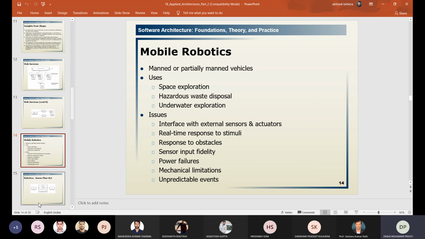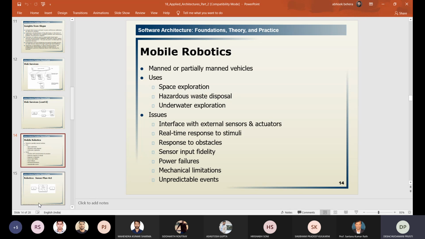And what are the issues associated with it? Interface with external sensors and actuators or automatic machines. The real-time response to stimuli: if you are getting a request, how will you provide the real-time response. Response to obstacles: if any failure or obstacle occurs, how do you respond to it, and how reliably.